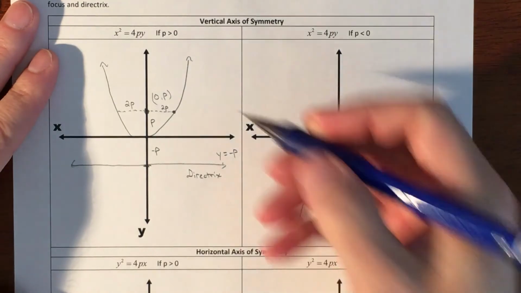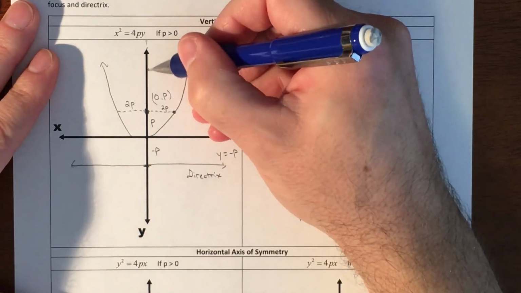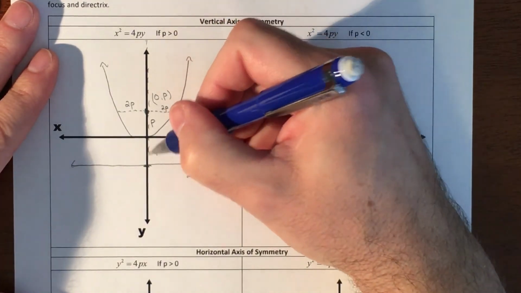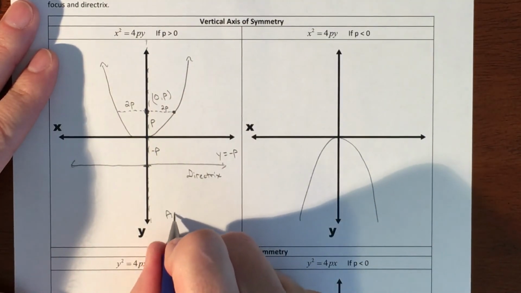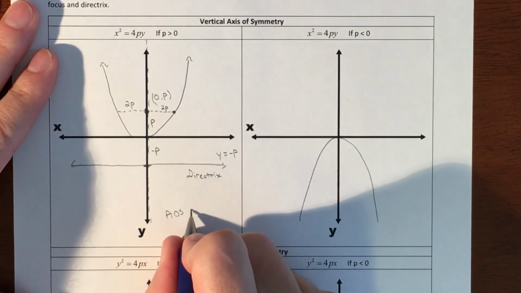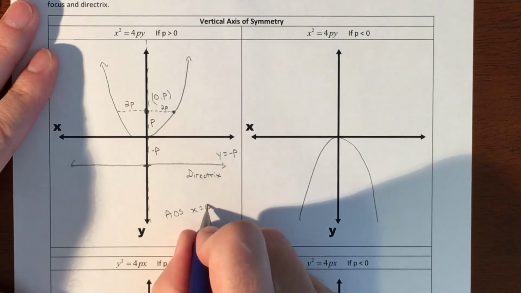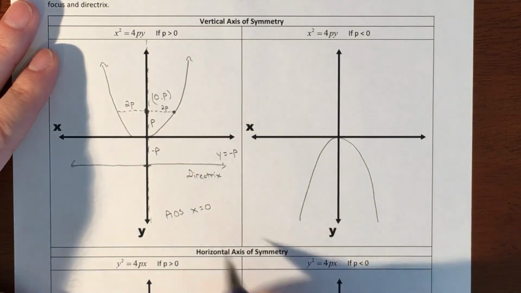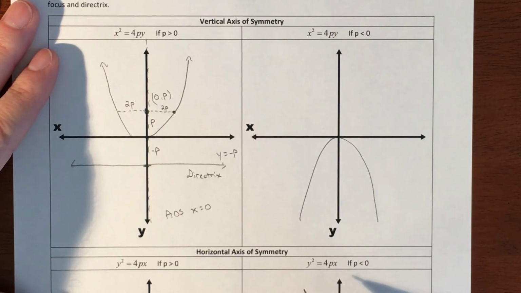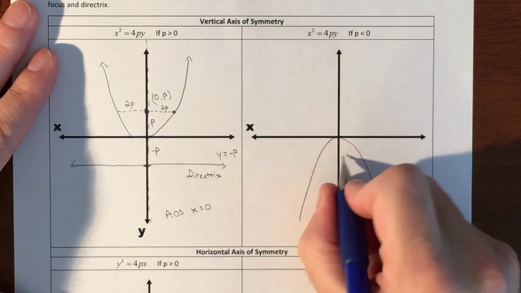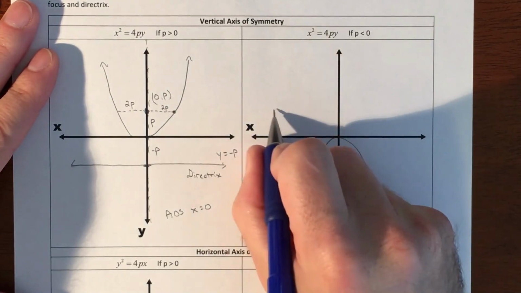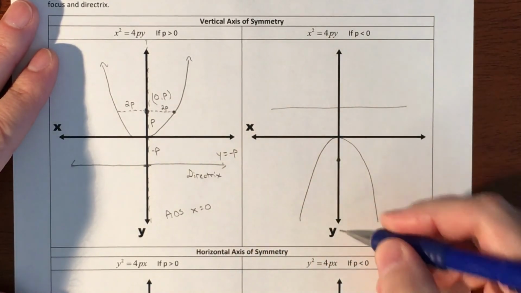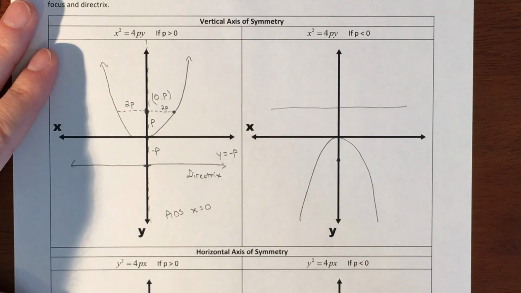You also have an axis of symmetry, which cuts right down the middle of this thing. So at least in this situation, our axis of symmetry is going to be x equals 0. Now again, that's not always going to be the case, but it is going to be at least in this one. And then all these pieces would be flipped, because your focal point would be here, your directrix would be here, and then you still have a line of symmetry.